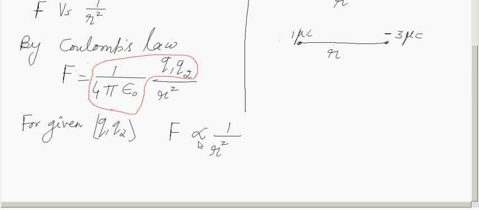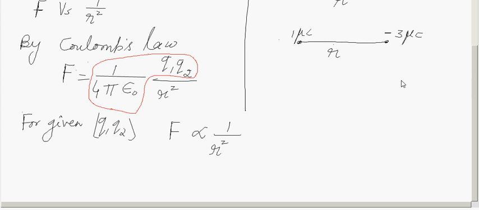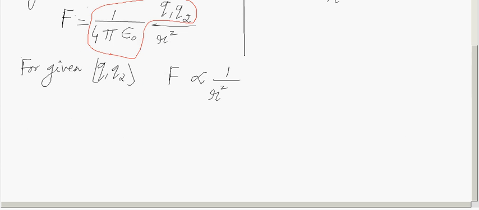Now if you plot a graph, the slope will depend on Q1 Q2. F is proportional to 1 by r square. When you plot the graph, you will get a straight line.